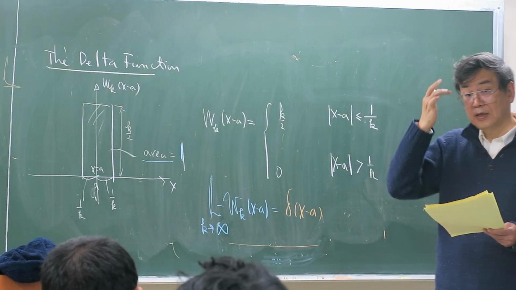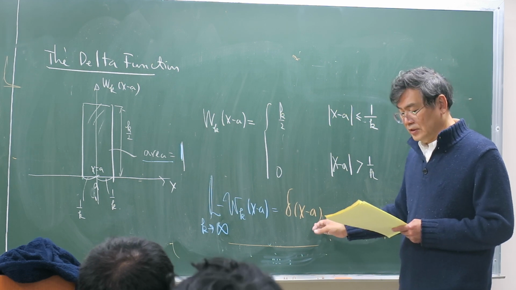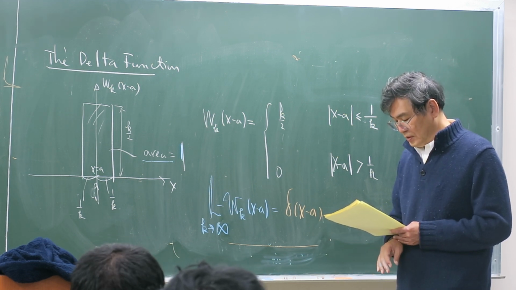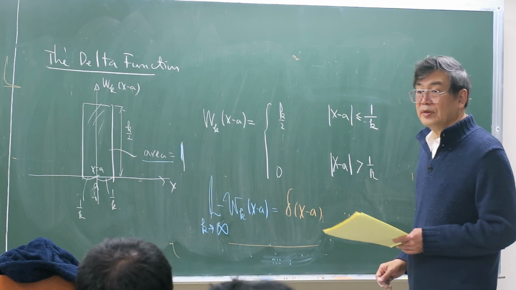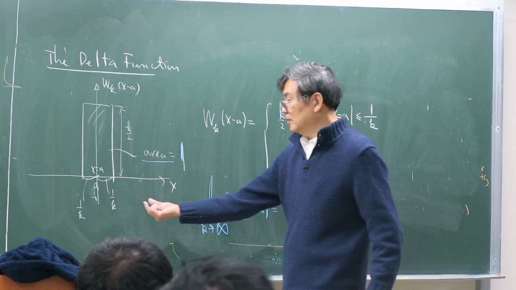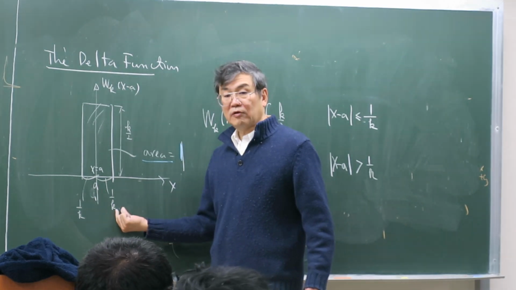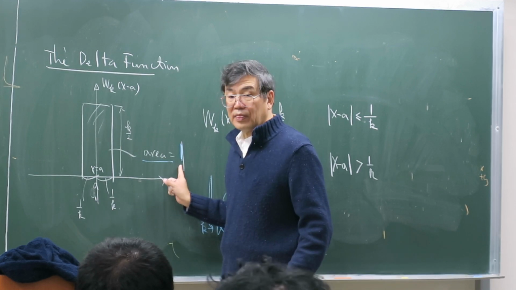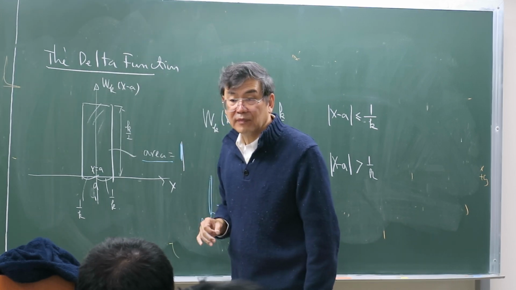Okay. So this is a definition for the delta. See what I mean? For k becoming infinity, the length 1 over k is getting smaller, but the area is kept as 1, and the height is getting to infinity.